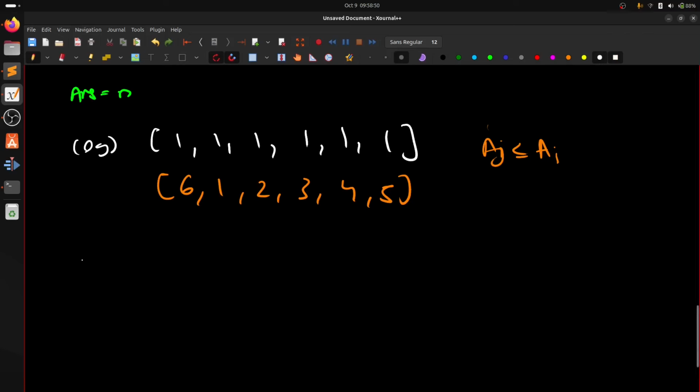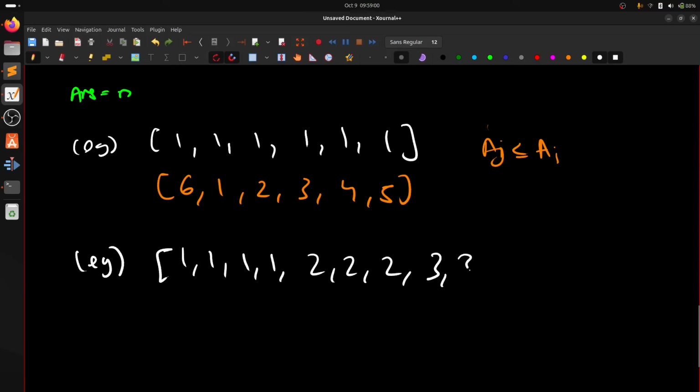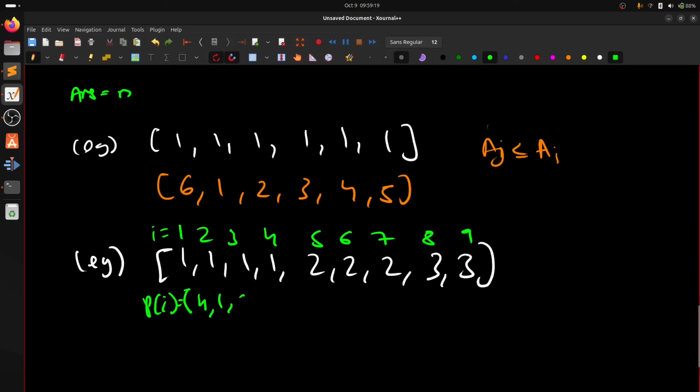Another example where we can always get the answer n, and this is an interesting and important case, is where we have multiple equal elements like this, right? Here we can always get the answer equal to n. How? See, the I values over here are 1, 2, 3, 4, 5, 6, 7, 8, 9. So the P of I values which we can choose will be simply, for example, 4, 1, 2, 3, 7, 5, 6, 9, 8.